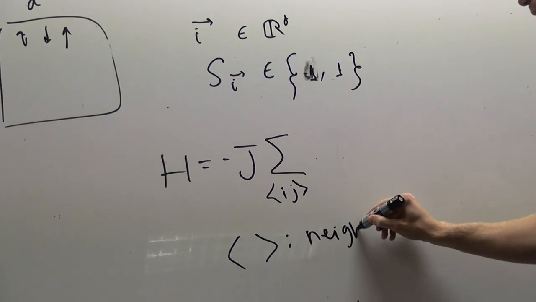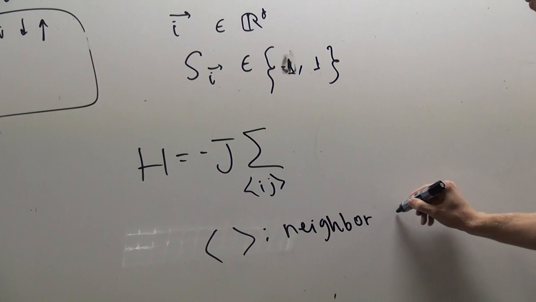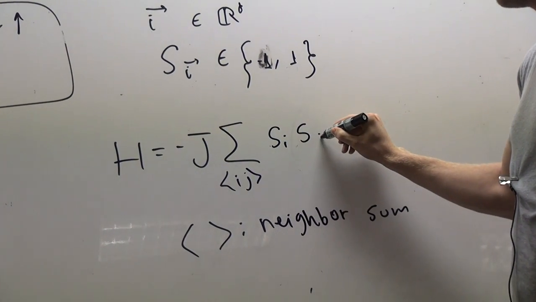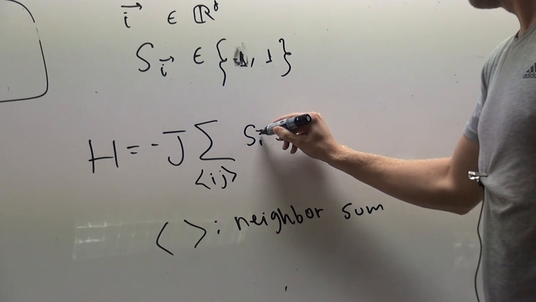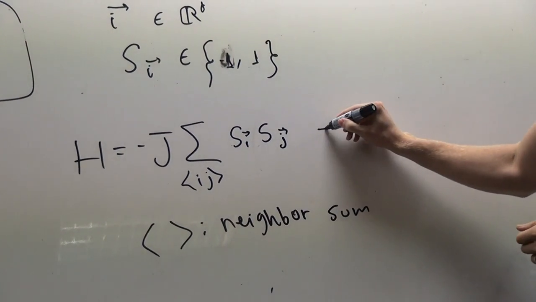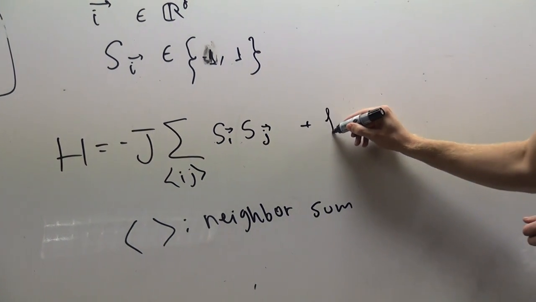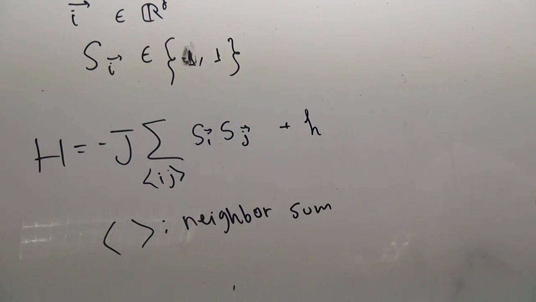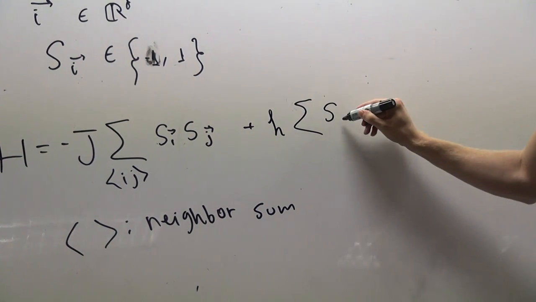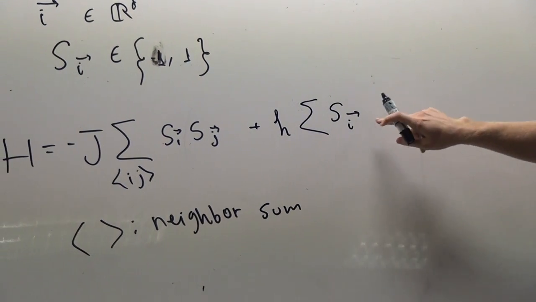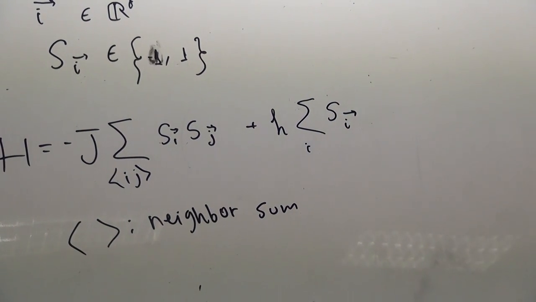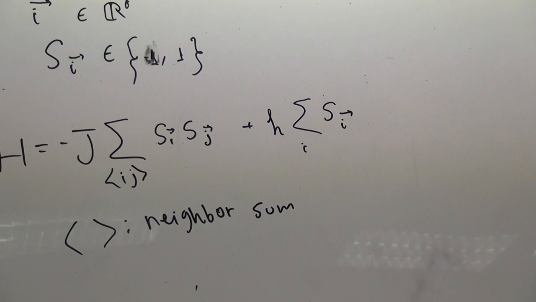So it's the sum over neighbors of S_i S_j. Then there may or may not be an external magnetic field H, to which the system responds according to the total magnetization in the sample. So this is the Ising model.